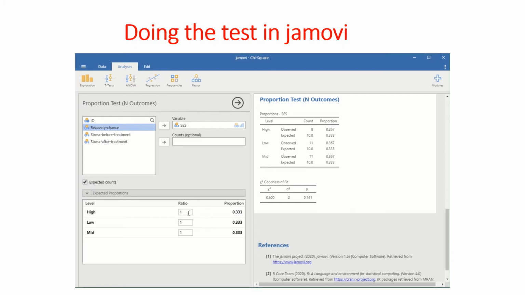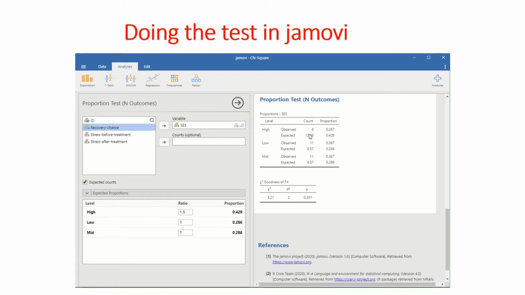For example, you predict that the number of people in the high socioeconomic status will be 1.5 times bigger than the low and mid level. So you can easily come here to expected proportions and change the value here and click.